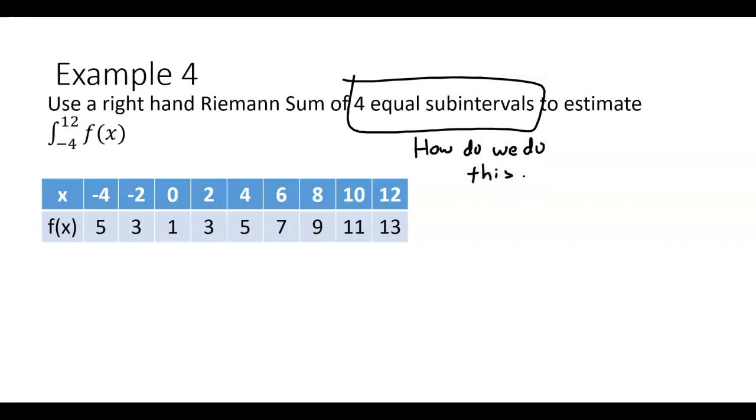Well, what you're going to do is you're going to take your last x value, which is 12. You're going to subtract from it your first x value, which is -4. And we're going to divide it by 4, the number of rectangles we want.